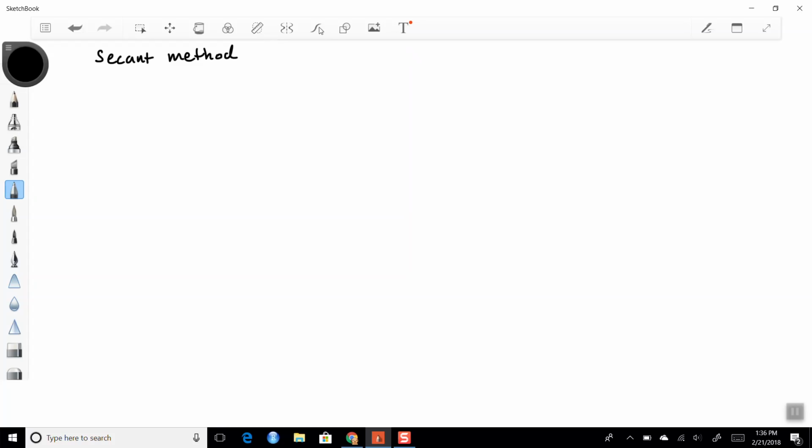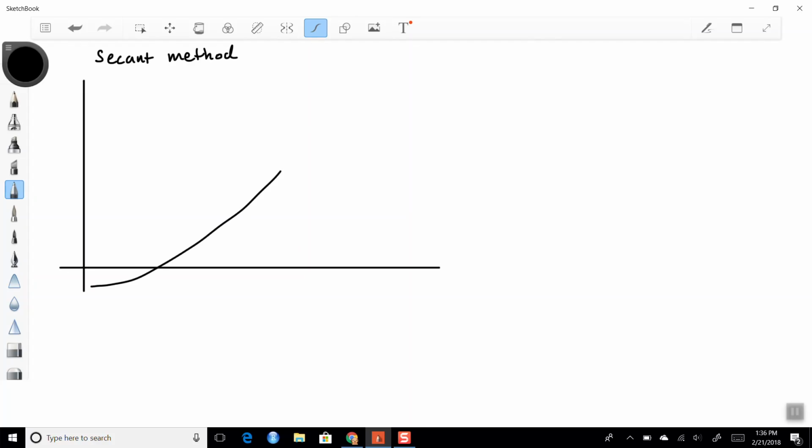So let me just illustrate what secant method looks like. You've got some kind of function. I'm having trouble drawing a curved line. Okay. And basically, you'll have two starting points.